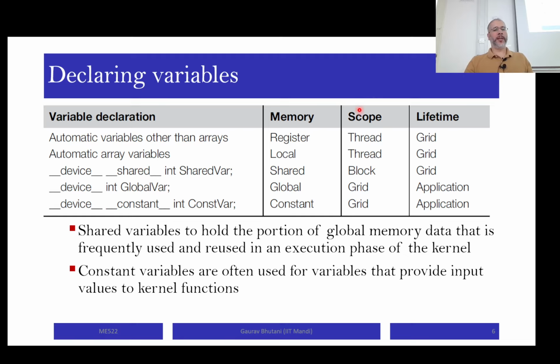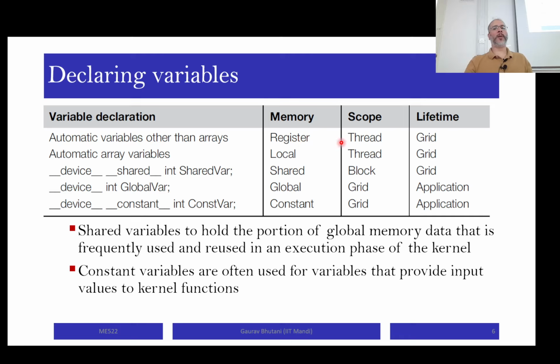So for example, if you look at registers, registers are utilized when you allocate automatic variables in kernel functions. Registers are private to threads. So the scope of this variable is thread. Only a thread can access a register. The other threads cannot access that register.